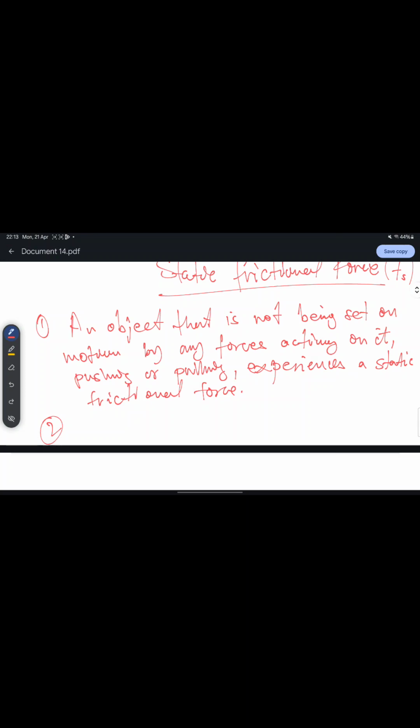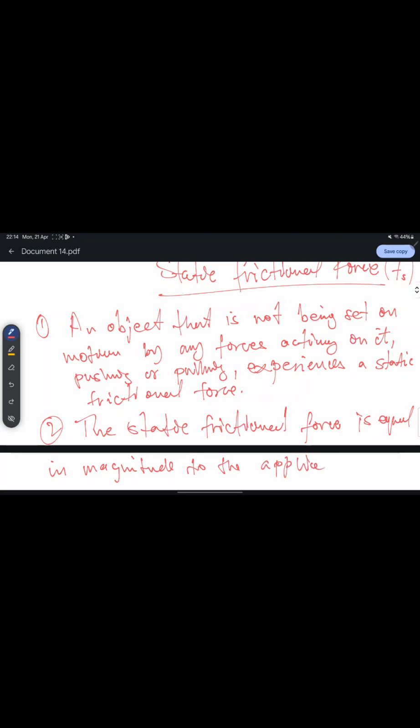Please write that down. The static frictional force is equal in magnitude to the applied force.